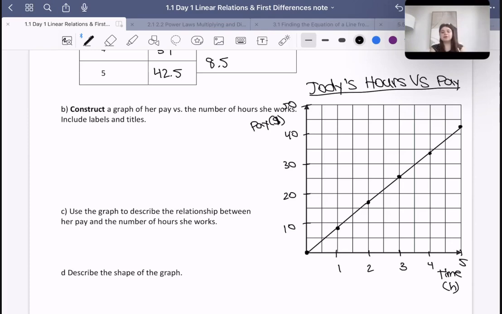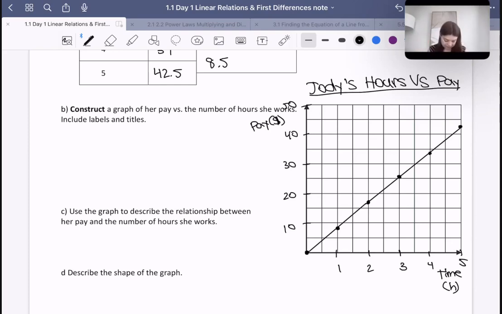Make sure that when you do give your graph a title, that it's a title that makes sense, but not too long, not too short, right? A title that kind of sums up what the graph is about. So if I read your title and I understand that's what your graph is demonstrated to show me, then you've made a good title. If your graph doesn't accurately represent that, then perhaps it's not a very good title. So make sure that the title accurately tells us what the graph is going to tell us.